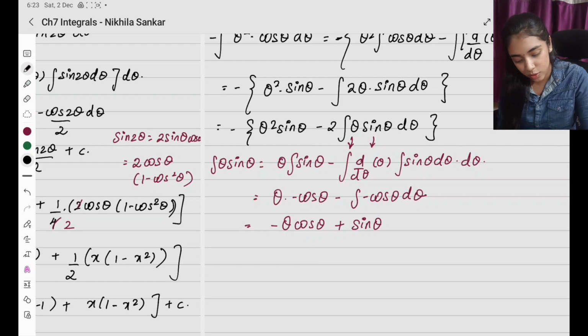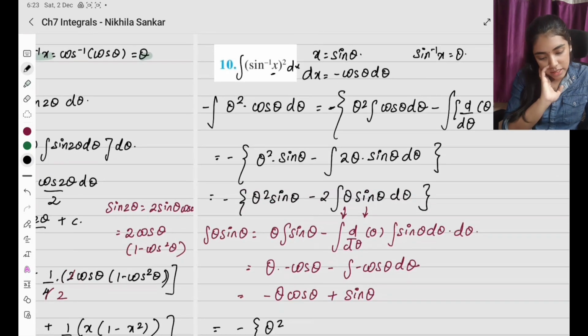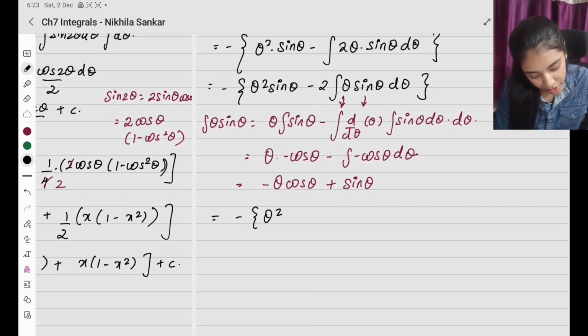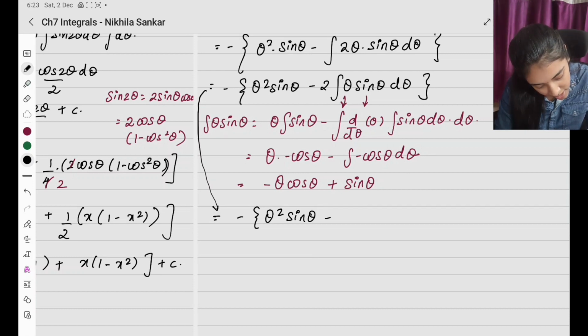So how does my integral look like? Final answer looks like I have minus theta square. We need the answer in terms of x. So what do you have from here? Minus theta square sin theta minus 2 times whatever you just got. So minus theta cos theta, how do we write cos? It is root of 1 minus sin square theta. 1 minus sin square theta inside the root.